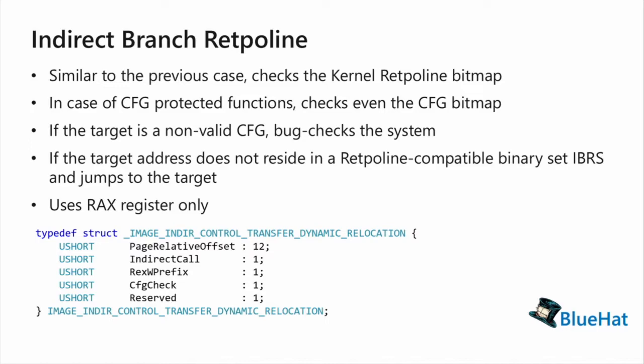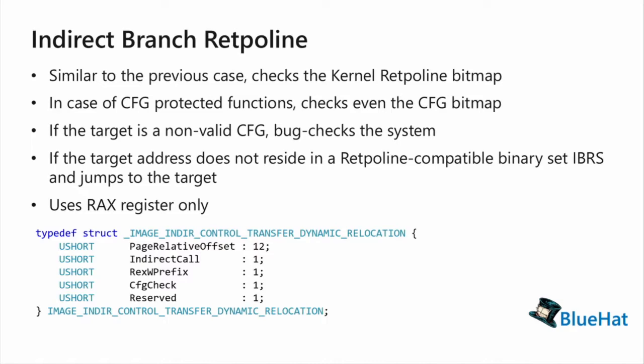If the target is not in the CFG bitmap, we bug check the system, because this is a security feature, so we need to do that. If the target is not Retpoline compatible, we call the target with IBRS set, like before. We support only the RAX register because we found out that the compiler is able to transfer all the indirect calls using the RAX register.